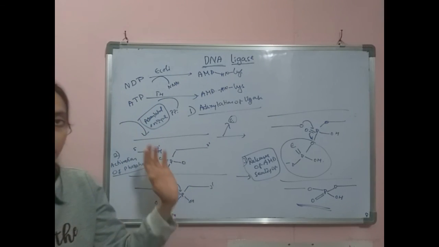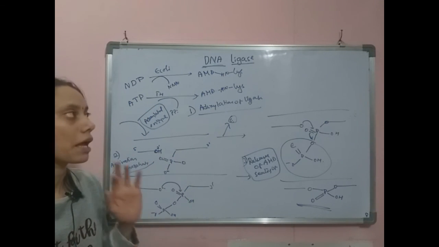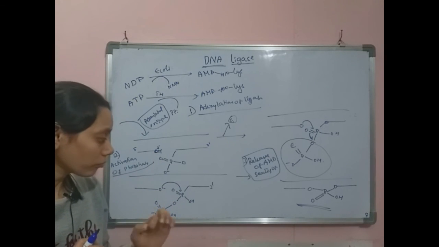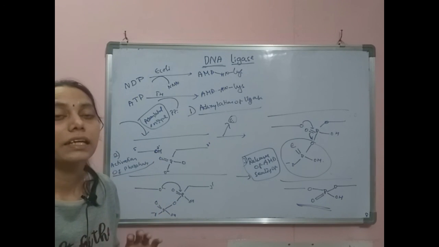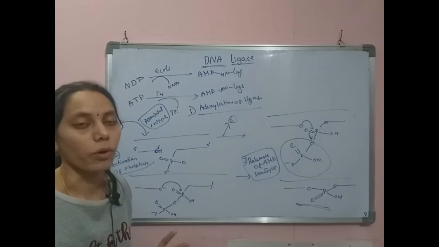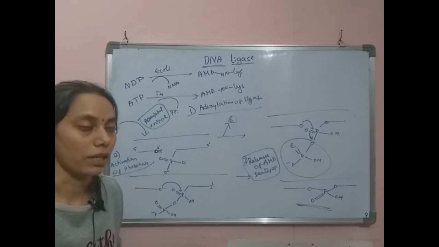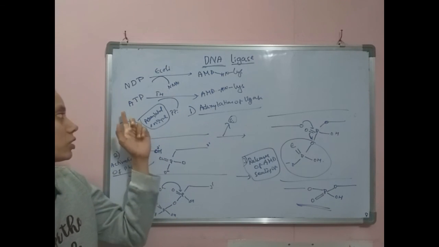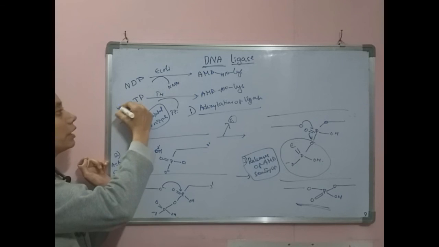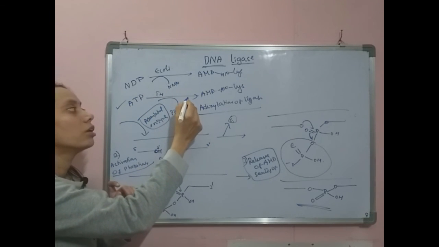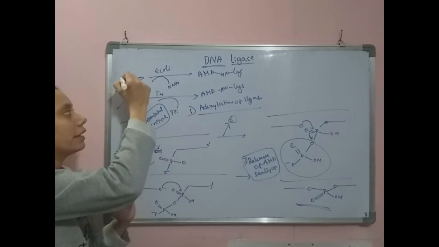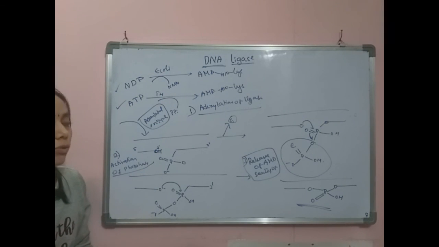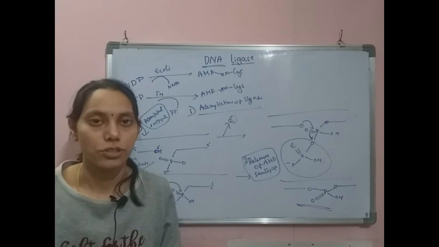So this is how in these three stages the enzyme ligase will work on the DNA gaps, and it makes the phosphodiester bond between two adjacent nucleotides. It needs energy in the form of AMP, which is contributed either by ATP in the case of T4 ligase, or by NAD in the case of E. coli ligase. So this is how the ligase will function.